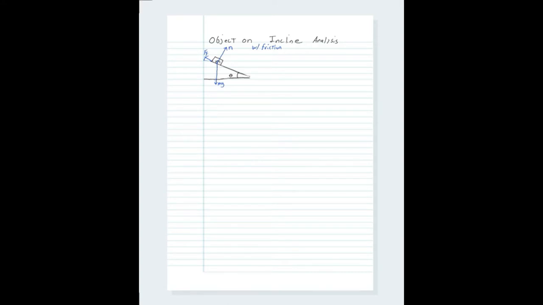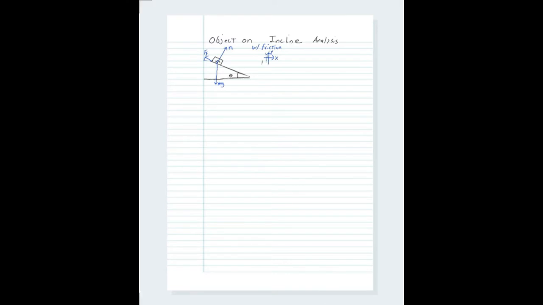All right, so analyzing this sort of situation, there's one kind of trick for analyzing it in the easiest way possible. And that is, we want to get away from looking at the situation and calling the x direction this way and the y direction this way. The reason I don't want to do that is because the object's not going to be able to move like that. It's going to move in both directions if we use those axes.